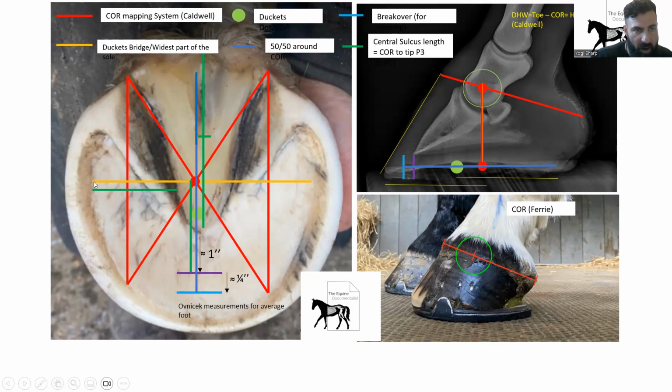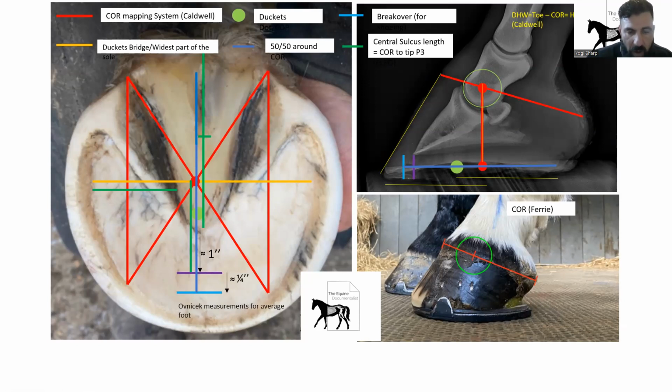So Dave Duckett came up with the bridge many, many years ago, and Duckett's bridge is the widest point of the sole. This is also used by the ELPO as an important reference point, along with the termination of the bars. So this is the point at which the hoof rotates around. So creating proportions around that is very, very important.